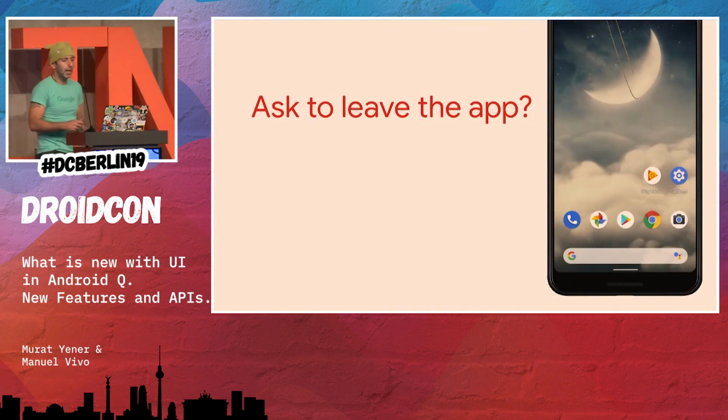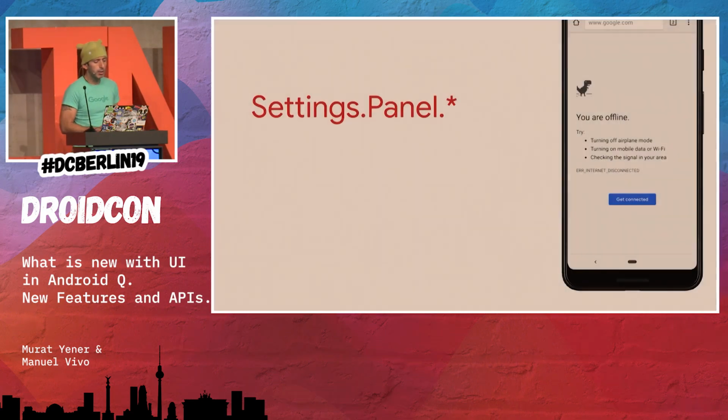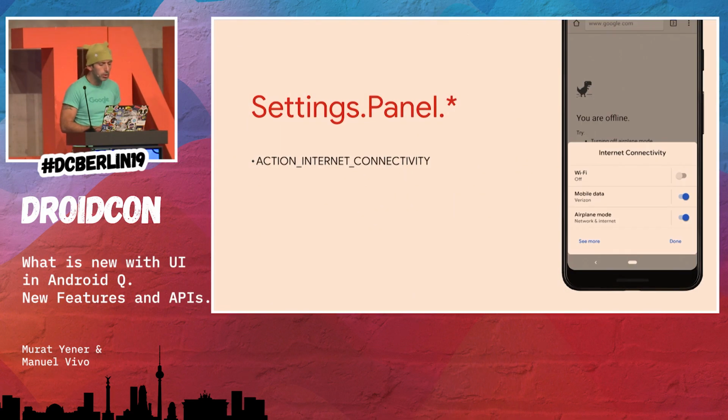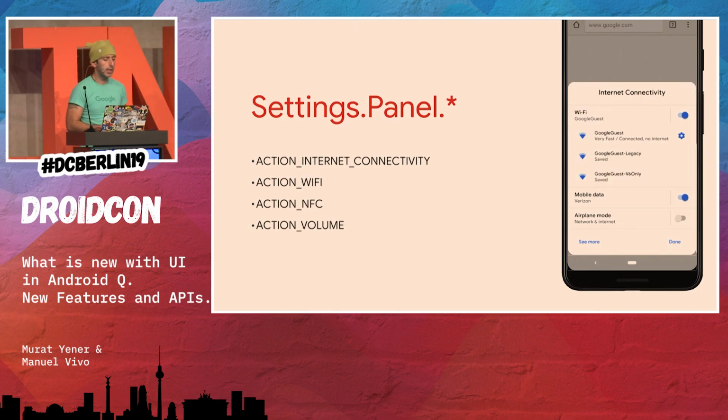That's why we introduced the settings panel, and we have several options if you need to trigger the internet connectivity settings or Wi-Fi, NFC, and volume. Basically what it does is it pops up a small dialog and lets the user turn on that feature and then continue within your app without leaving your app.